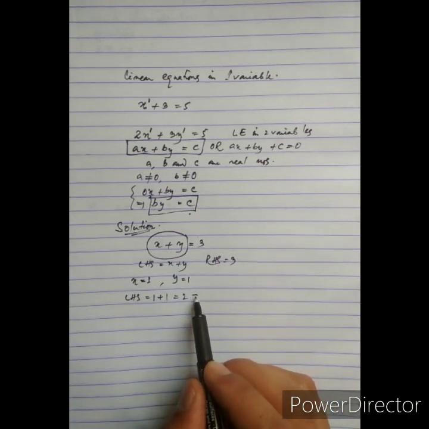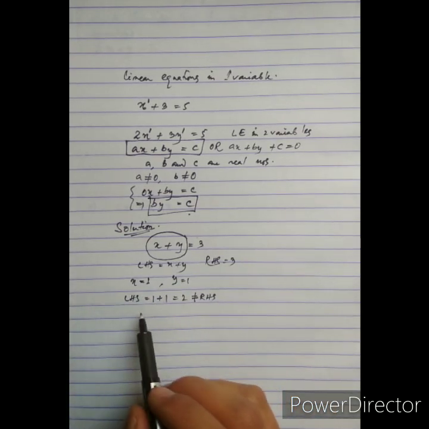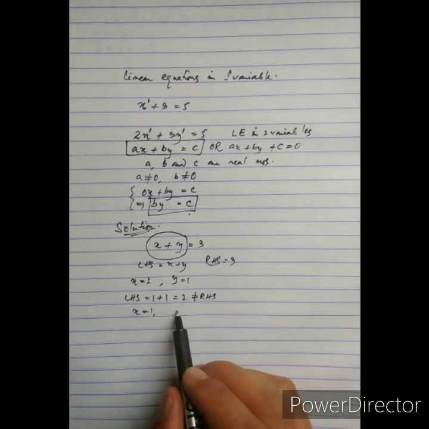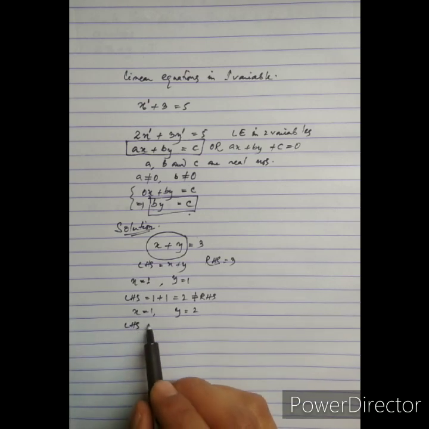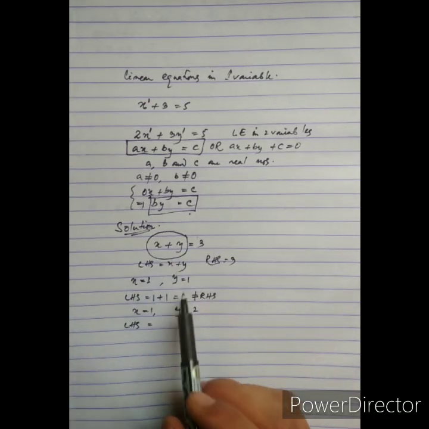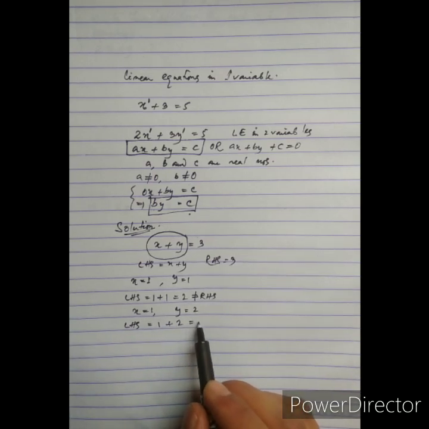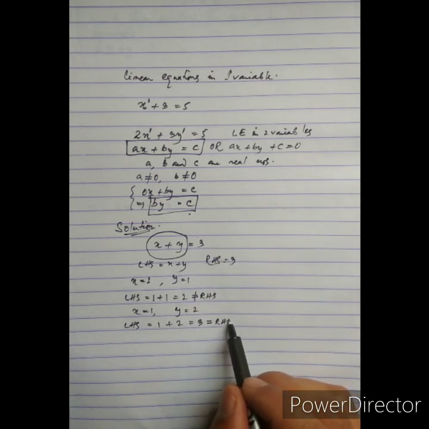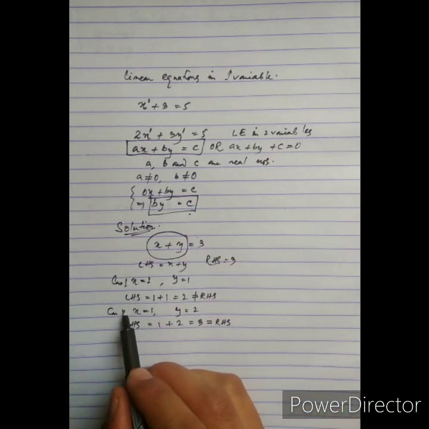That means the left hand side is not equal to the right hand side. Like this, I'll check one more example. I'll take x as 1 and y as 2. Let us find the value of the left hand side. x means 1, y means 2, so I'm getting 3. On the right hand side there is also 3, so the left hand side is equal to the right hand side. This is case 1, case 2.